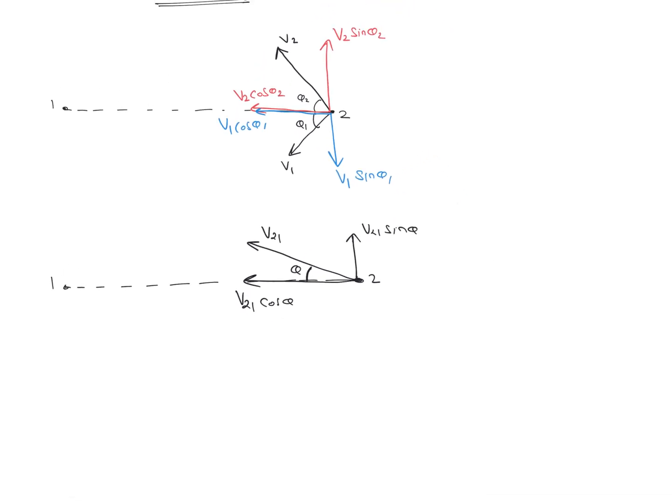Now we can say that the component of resultant velocity in upward direction, which is v21 sine theta, is equal to the sum of velocities of v1 and v2 in upward direction, because while adding v1 and v2 vectors, we are going to get the v21 vector. So you can write this as equal to v2 sine theta 2 minus, I'm just writing negative sign because v1 sine theta 1 is in downward direction. From this we can find out the value of sine theta over here.